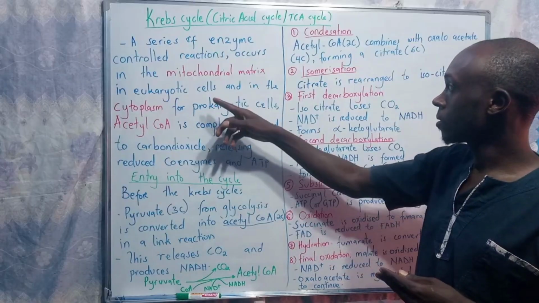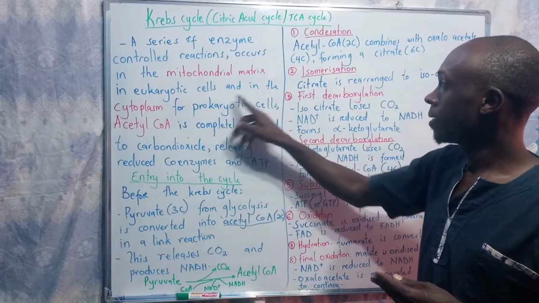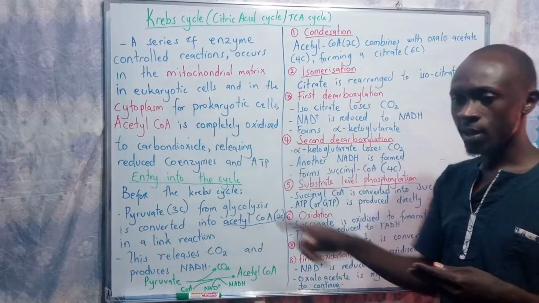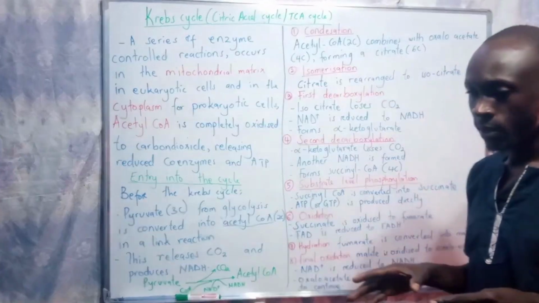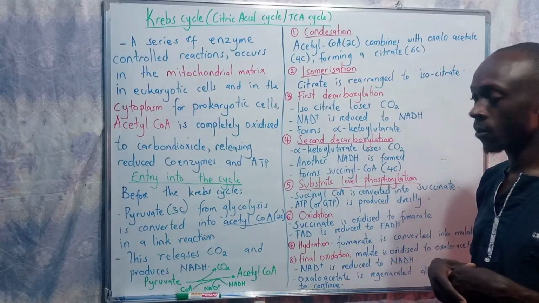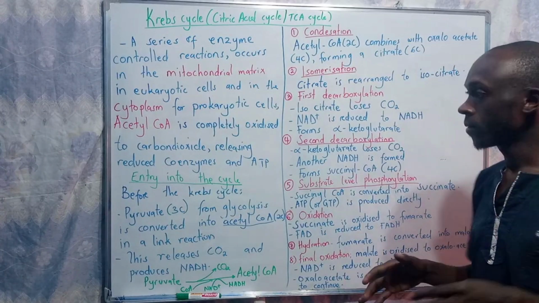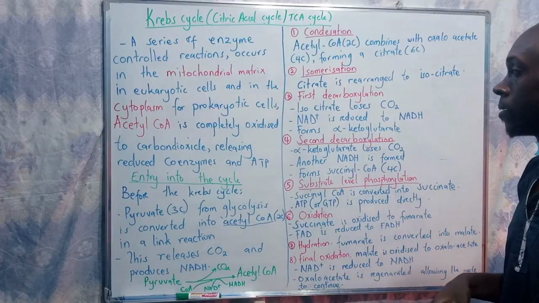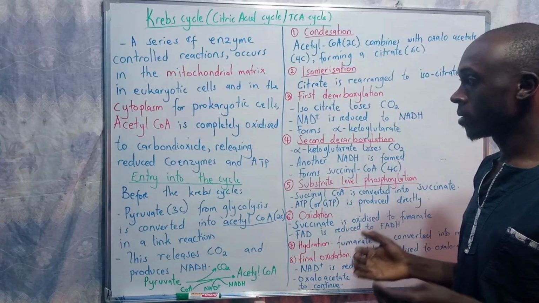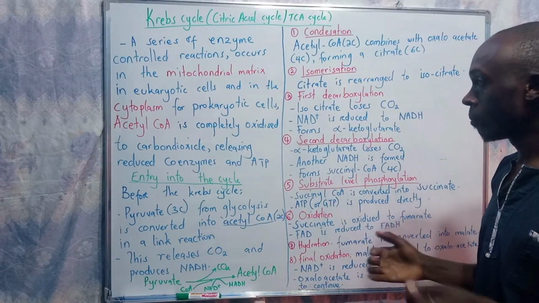So eukaryotic cells, and in the cytoplasm for prokaryotic cells, remember prokaryotic cells, they don't have a mitochondria, they don't have a nucleus. So for them, they just have no membrane-bound organelles. So their contents are just dispersed within the cell, so we don't have any compartments or membrane-bound organelles.